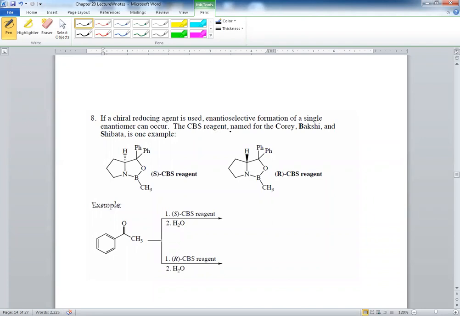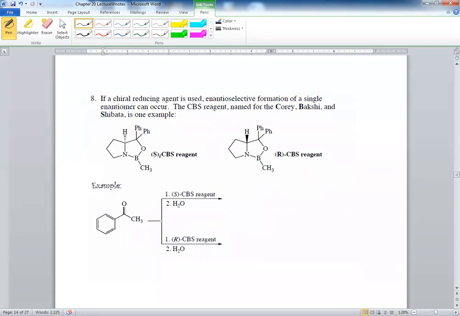The CBS reagent, named for Corey, Bakshi, and Shibata, is one example. So we just call it the CBS reagent. We have the S, we have the R. So if we have this ketone, acetophenone, and we react it with the S-CBS reagent, we will produce one enantiomer.